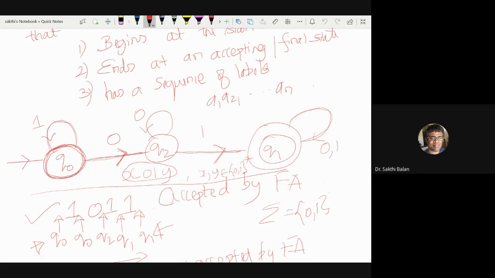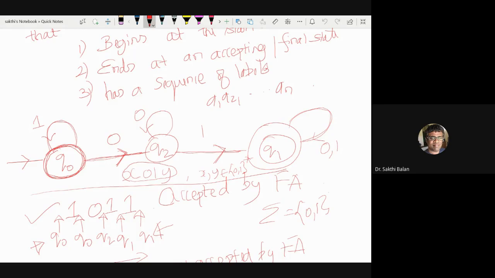So after reaching Q1, you have already guaranteed that you have read 01 as a substring in the string being read by the automata. So from Q1, you can read whatever symbol you want. Whether you read 0 or 1, you will remain in Q1 itself. And that is what we are doing here.